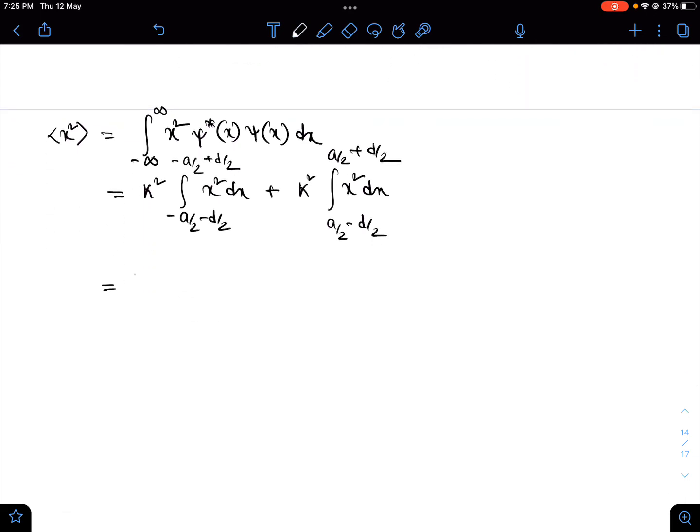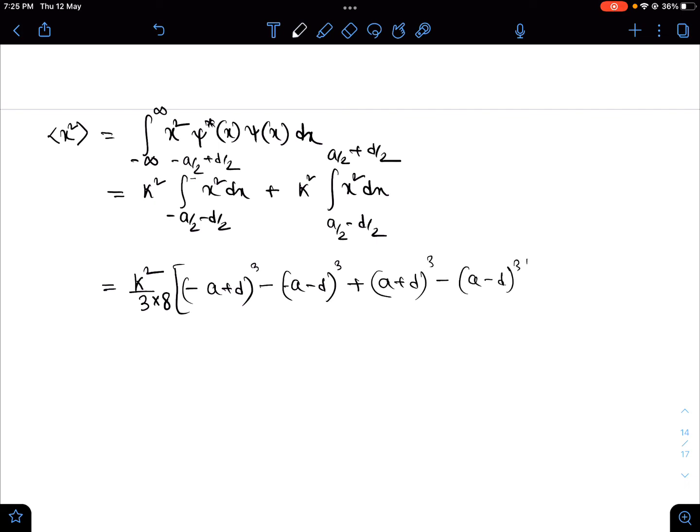Let us evaluate this integration. This will be k squared over 3, with x cubed, and let us bring out the 2 cubed factor. It will be (minus a plus d) cubed minus (minus a minus d) cubed, plus for the second term (a plus d) cubed minus (a minus d) cubed. So we have k squared by 24.